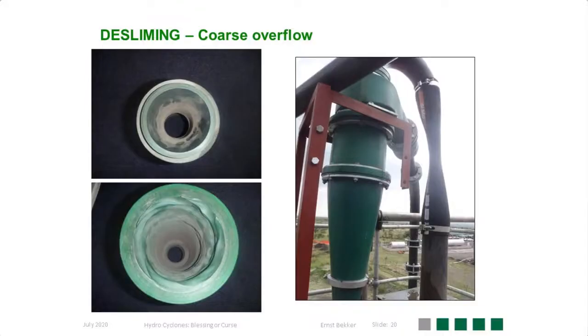It's recommended that when you have this type of installation, a breather pipe be installed at the top of the overflow pipe of the hydrocyclone to break the vacuum effect. Alternatively, if you can't do that, have the overflow terminated roughly about the center of the hydrocyclone and let it discharge into a tun dish so that the overflow pipe is exposed to atmosphere. That removes the possibility of siphoning.